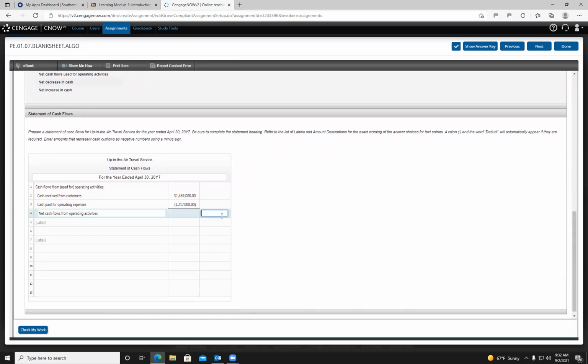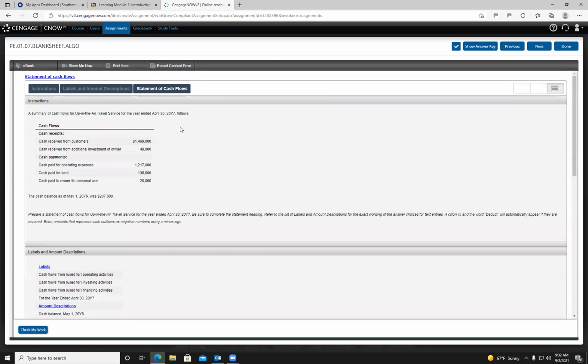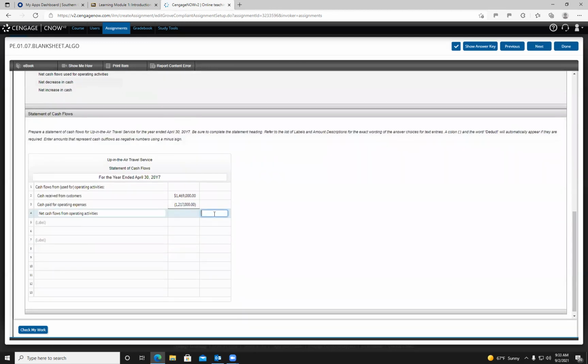And basically what you're going to do is take the difference. This is your cash inflow and your cash outflow. So you take the difference between the two, and that's total net cash from operating activities. So we'll plug that value in, and that's 252,000.